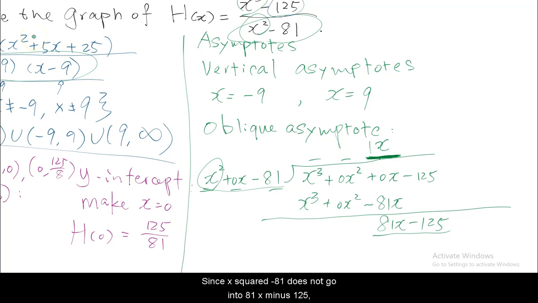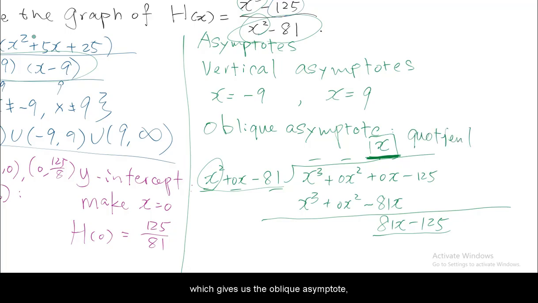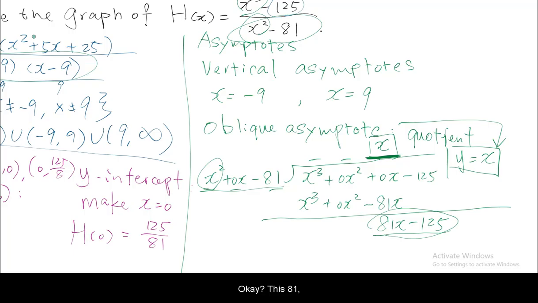Since x squared minus 81 does not go into 81x minus 125, that will be the end of the division here, where this x is our quotient, which gives us the oblique asymptote, which is y equals x. Okay, this 81x minus 125 is the remainder.